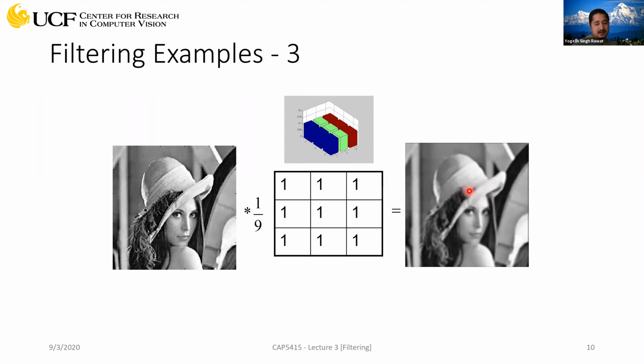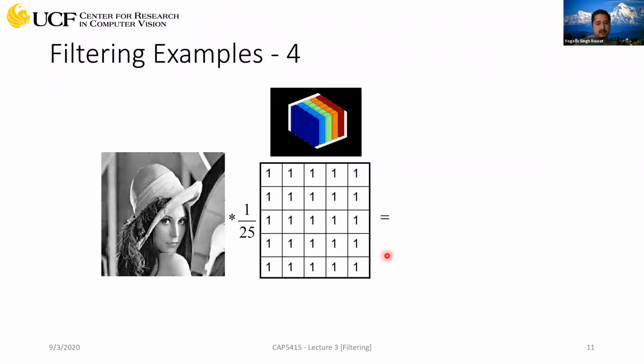And why is this happening? Because at each pixel location, if you have a drastic difference between two neighboring pixels, because of this averaging operation, the intensity values of those two pixels will become close to each other. And that's what you're observing in the resultant image here. So it's giving you a blurring effect. Again, this is the same filter, but instead of 3x3, it's 5x5.